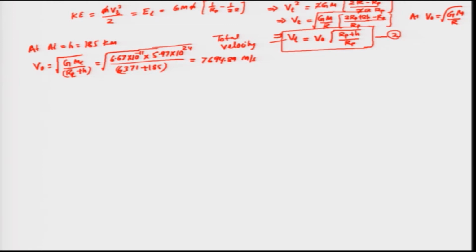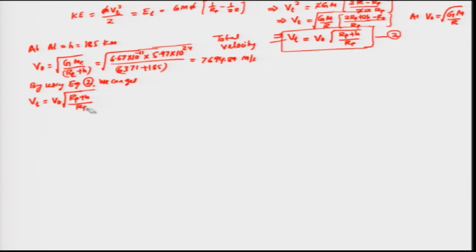So, similarly, we can find out by using equation 2, total velocity is equal to V naught root over R p plus h divided by R p.